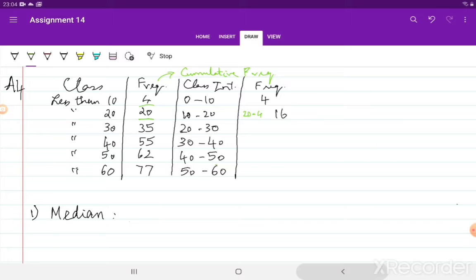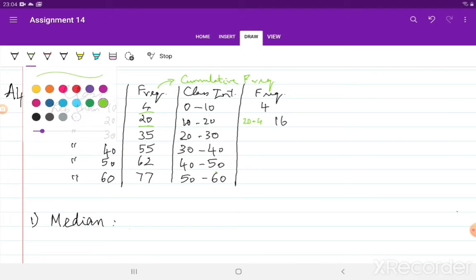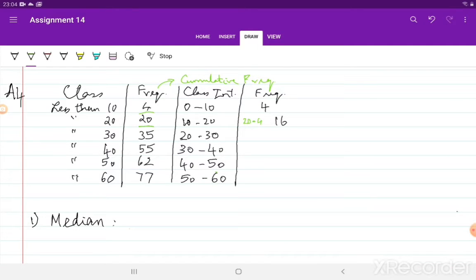For the next observation, we know that 35 observations are less than 30, but 20 of these are less than 20, and we want to get the frequency corresponding to 20 to 30.